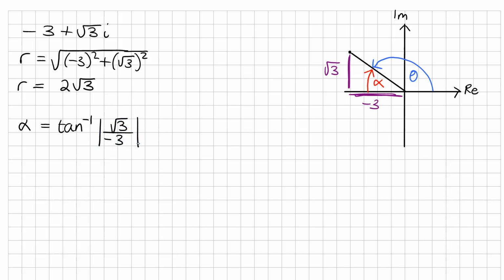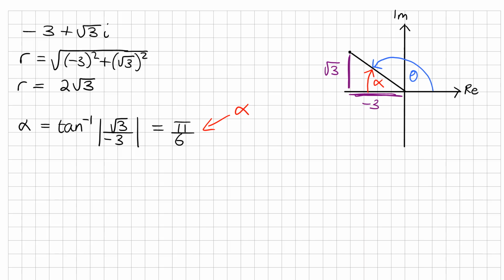Now, you either leave out the signs or else you take the absolute value, whichever way, it doesn't matter. But you need to be taking the positive value. Now, so that's pi over 6. So basically, that's telling us then that alpha is pi over 6. Okay, so our alpha there is pi over 6.